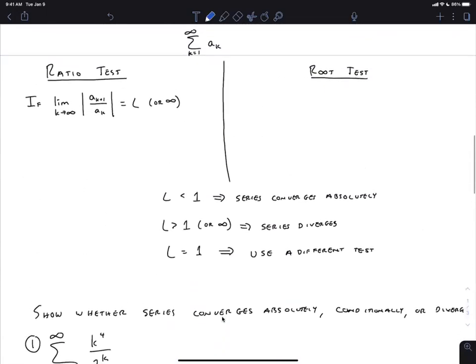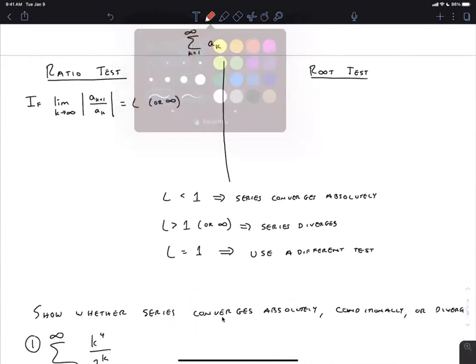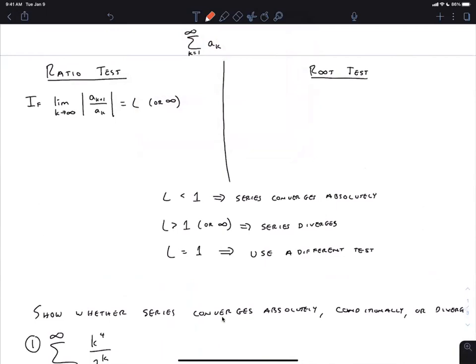When to use it. Just like with integrals or anything else, there's not a definite thing that says, this is when you always use the ratio test, or this is when you always do integration by parts. We don't have something like that. But some guidelines are you typically have a mix of function types.